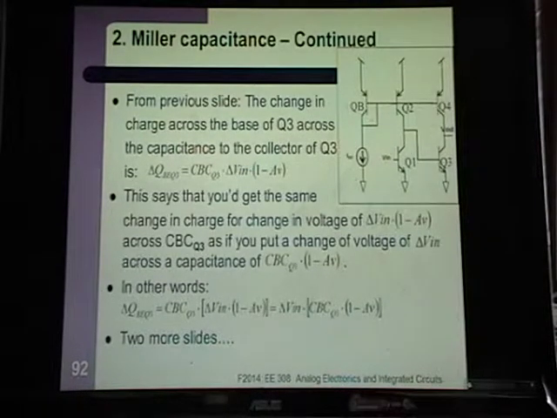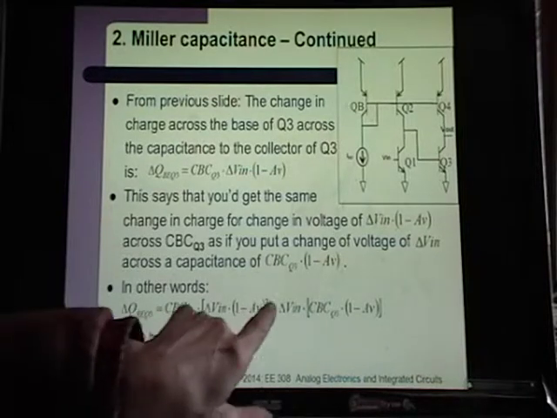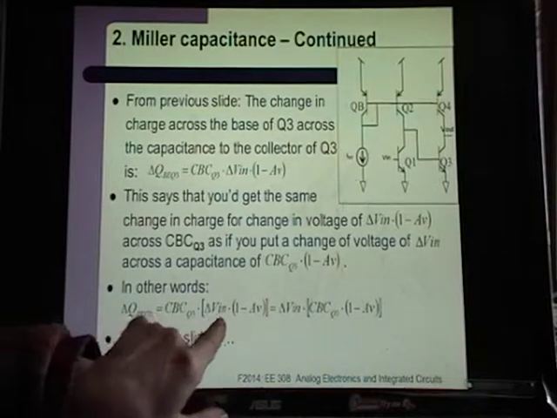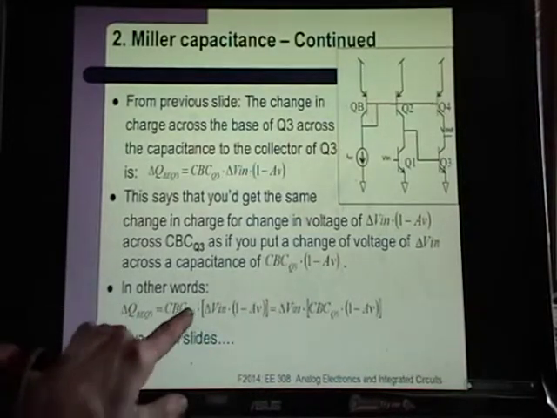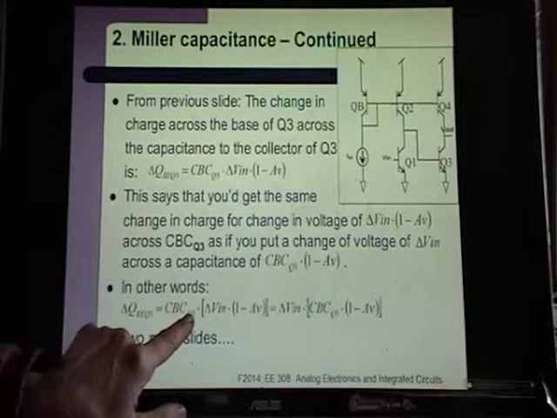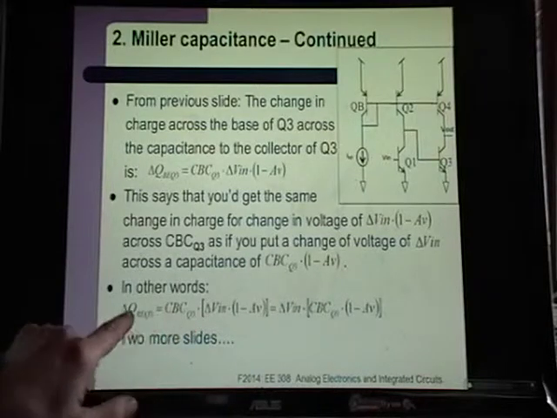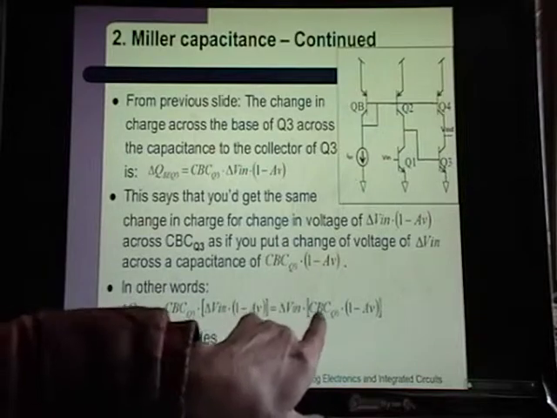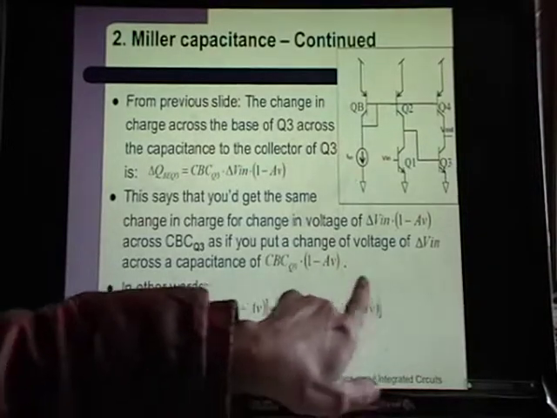Confusing? All I'm doing is moving the brackets here. I know I get a change in charge for this change in voltage across this capacitance. So I can get that same change in charge by having this change in voltage across a capacitor of this size.